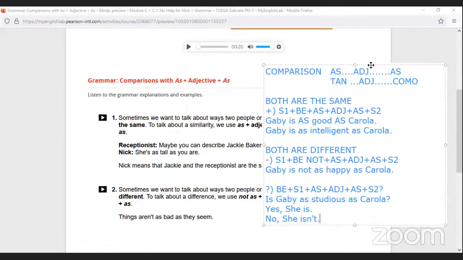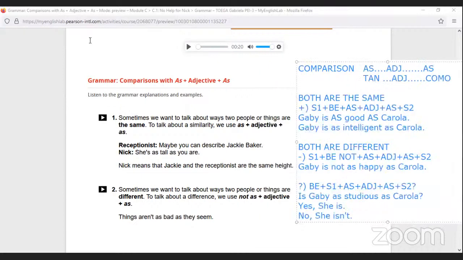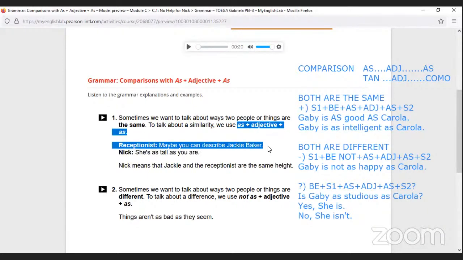Perfect. So now we will see some examples here in the platform. Here we have the same explanation. When we want to say that two people, two things, or two of something are the same, we are going to use affirmative way: subject, as, adjective, and as.